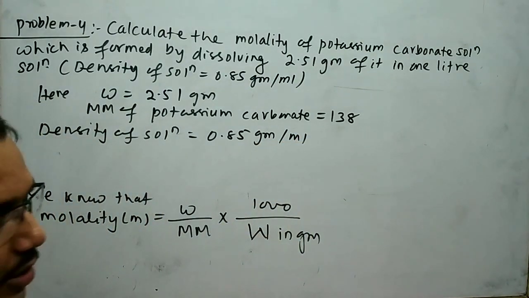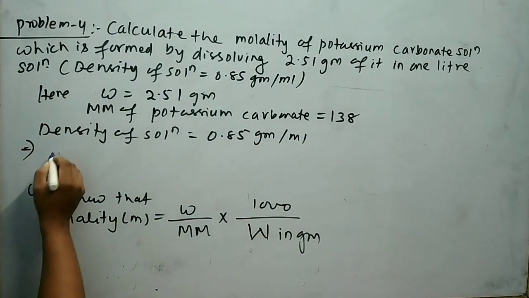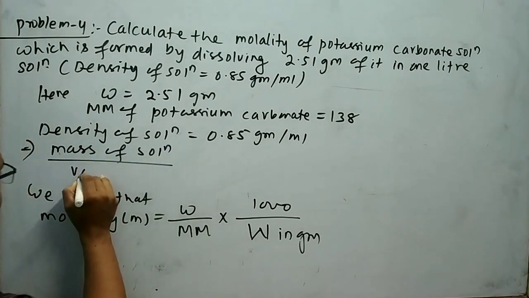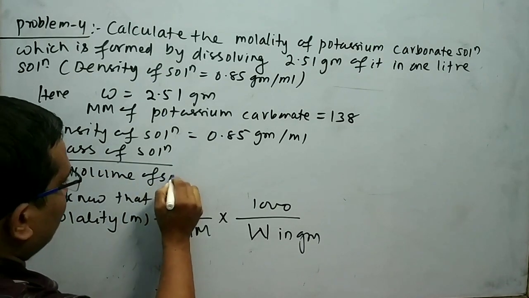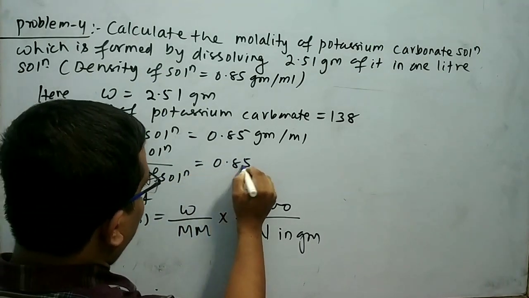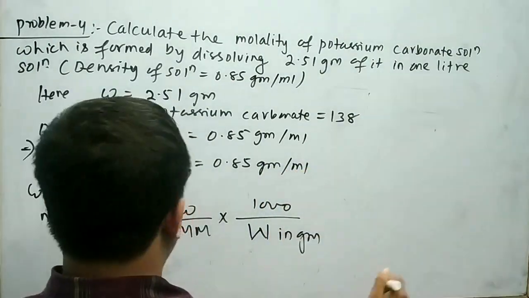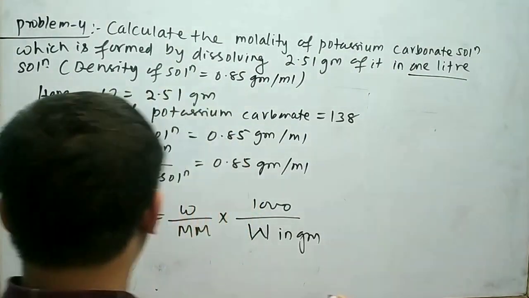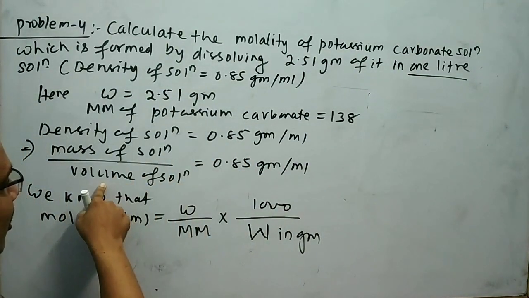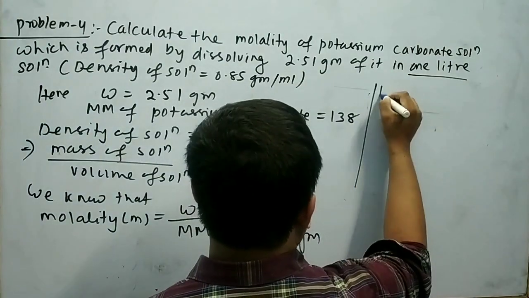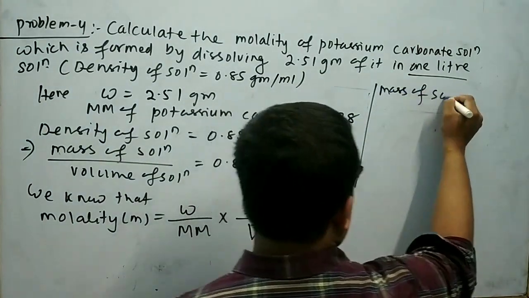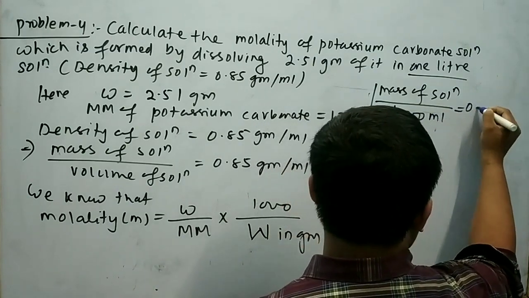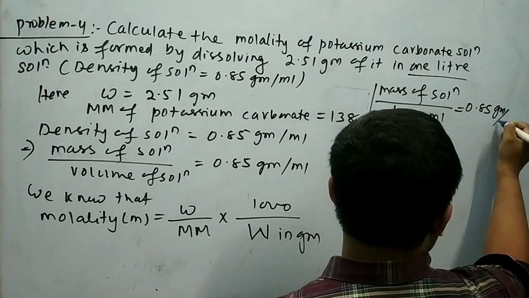We know that density equals mass by volume, so mass of solution divided by volume of solution equals 0.85 gram per ml. Here volume of solution is 1 liter, that means 1000 ml. Now put the volume of solution here. So I can write mass of solution divided by 1000 ml equals 0.85 gram per ml.